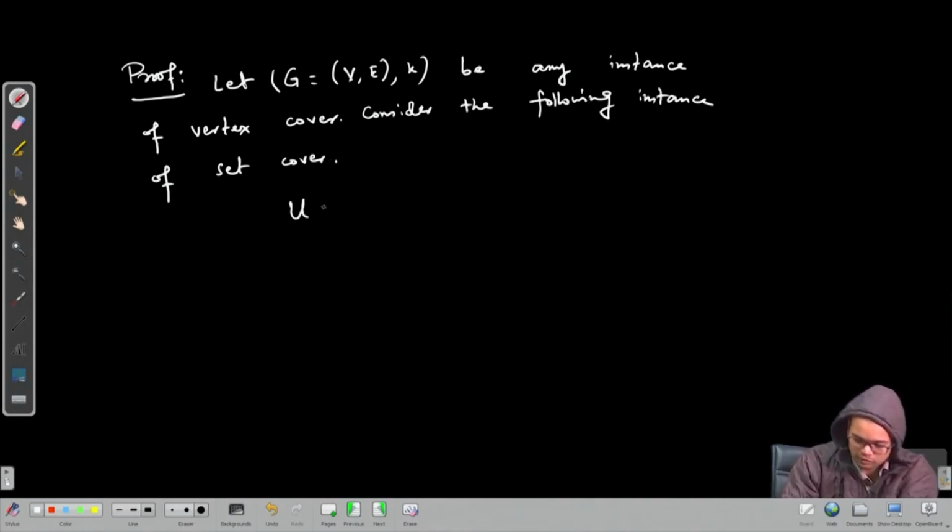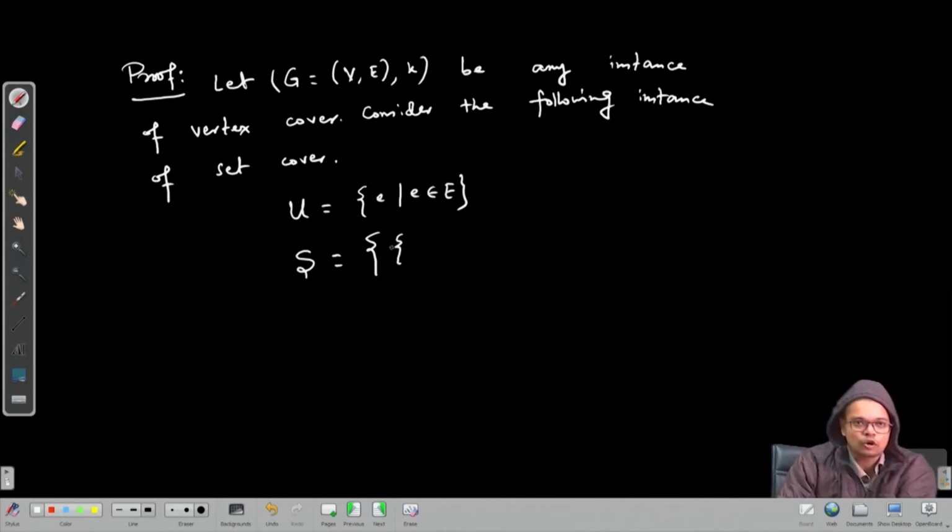For set cover, I need to say what the universe is. The universe is the set of edges e in E. Then what are the sets? For each vertex, the set of edges incident on it is in the collection of sets.